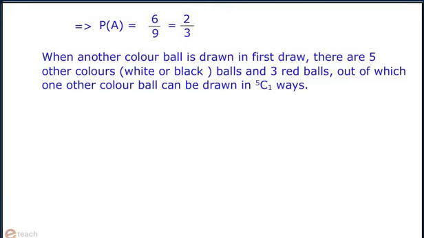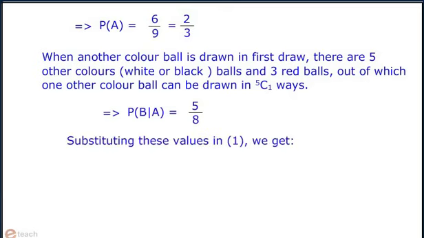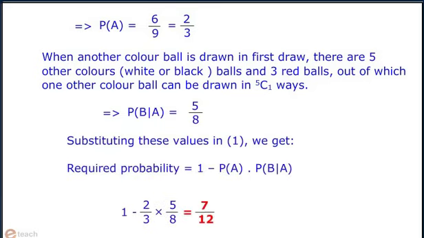When another colored ball is drawn in the first draw, there are 5 other colored balls, white or black, and 3 red balls, out of which one other color ball can be drawn in 5C1 ways. So probability of B given A equals 5 by 8. Now substituting these values in equation 1, we get the required probability as 7 by 12.